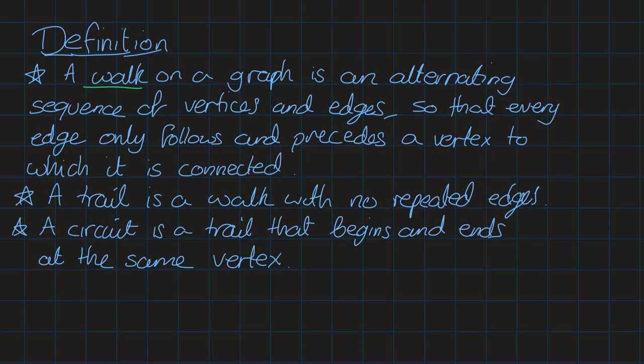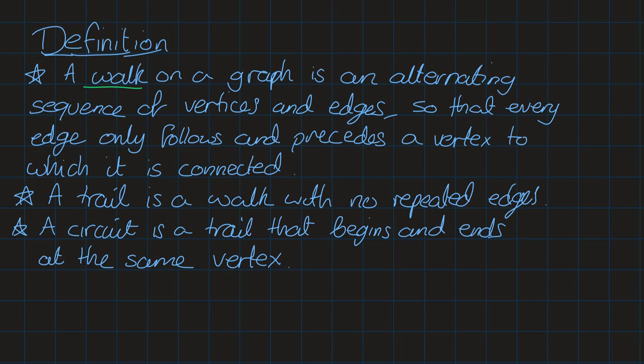A walk on a graph is you just start at a vertex and you trace out a path, a walk, where you can only travel along edges to neighboring vertices. You have to travel along the edges from one vertex to another vertex, and you're not allowed to jump, and you're not allowed to make new edges or anything like that. A walk on a graph is just you following the edges.